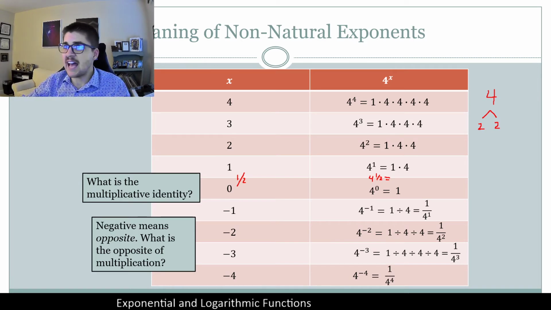Basically, 2 is 1/2 of a factor of 4, and that's exactly what the square root of a number does, right? It looks for what squared makes the number, and it's kind of like I'm extracting 1/2 of a power, 1/2 of that factor. In this case, it coincidentally gives me exactly 1/2 of 4, which is 2. But when you're looking at 4 to the 3/2 power, that's not going to be 6.